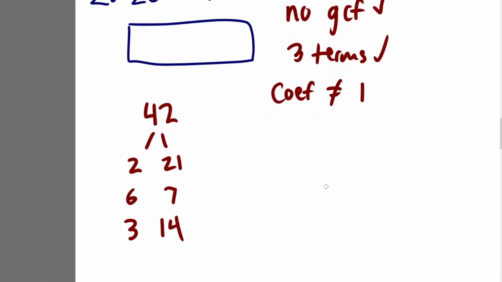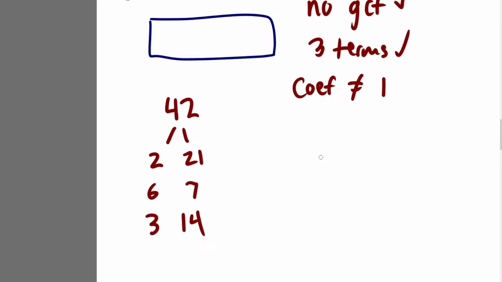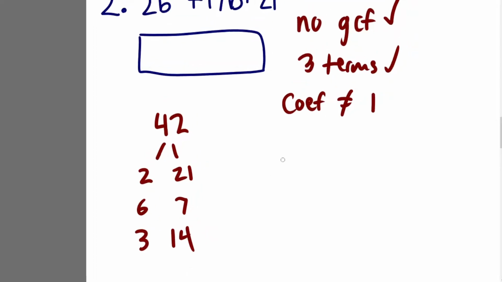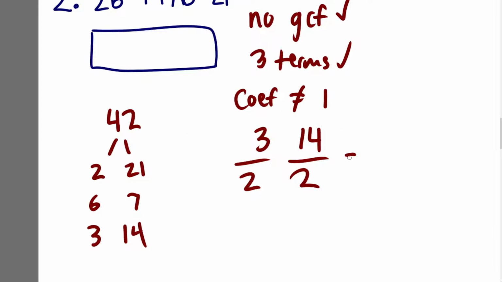I bet there are probably others, but I don't want to go through all of them. 3 and 14 seem like our winning ticket. 3 times 14 equals 42, and 3 plus 14 equals 17, which is our b term. So we'll take our 3 and our 14, divide them both by our a term, which is 2, and then reduce when we can. So we have plus 3 over 2 and plus 7 over 1.